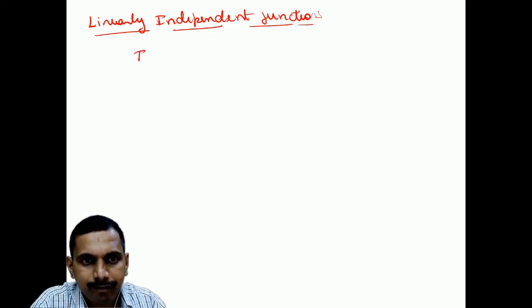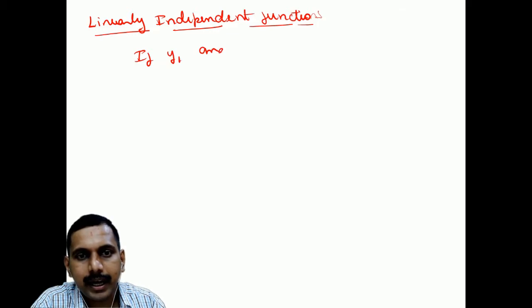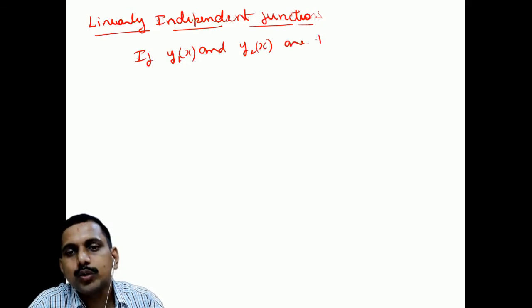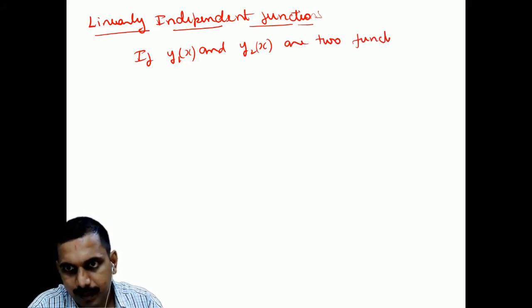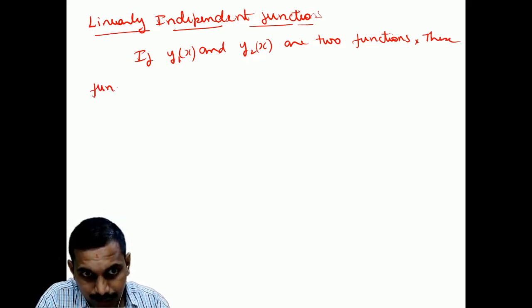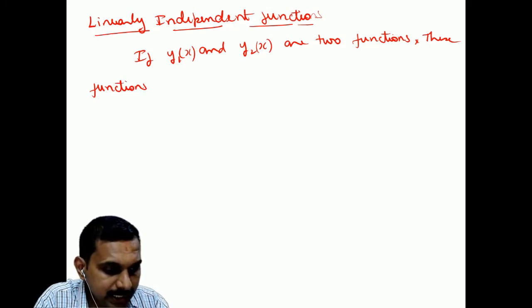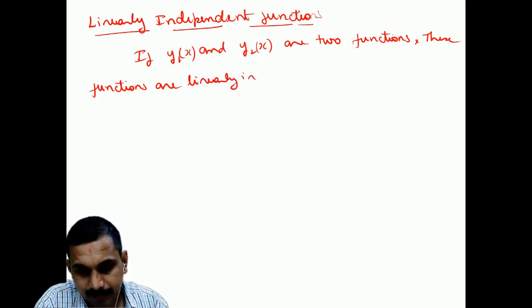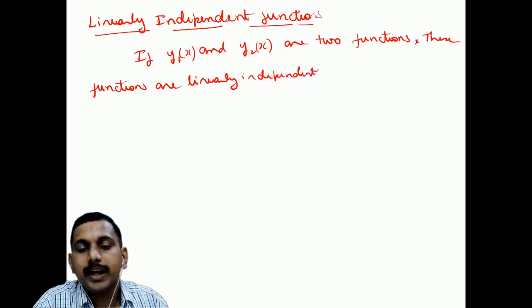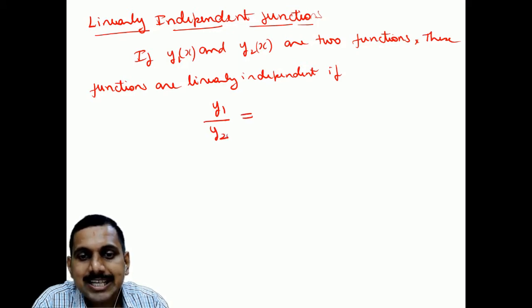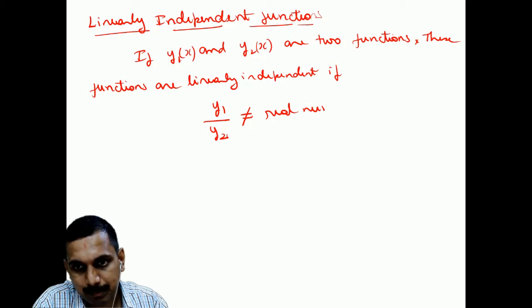If y1 of x and y2 of x are two functions, these functions are linearly independent if y1 by y2 is not a real number.